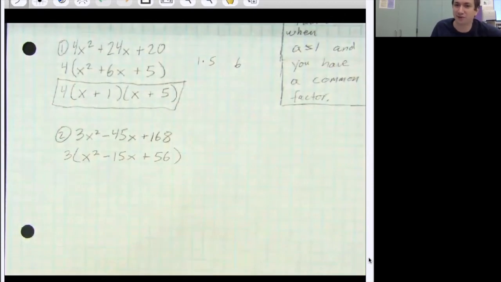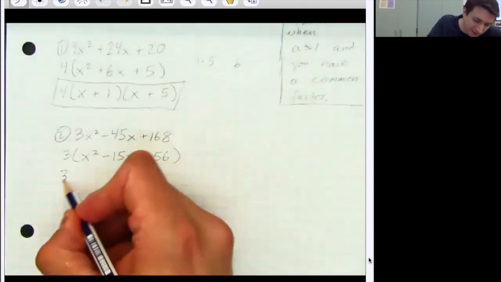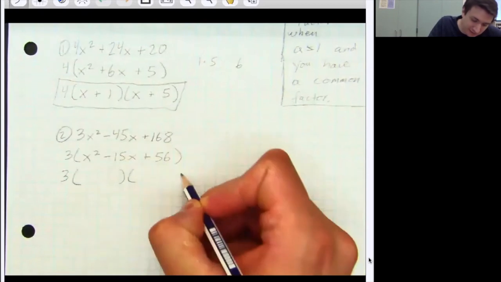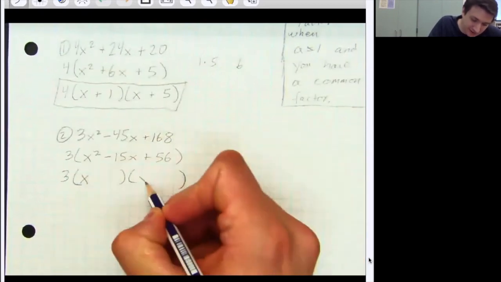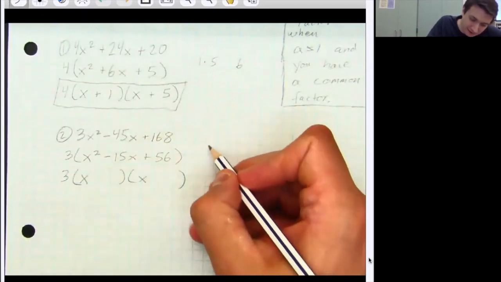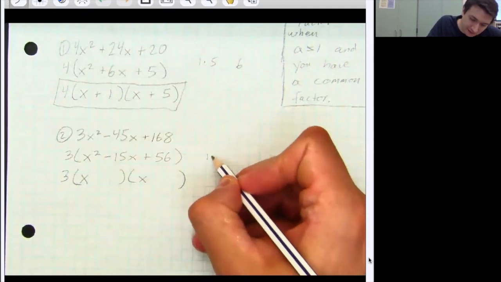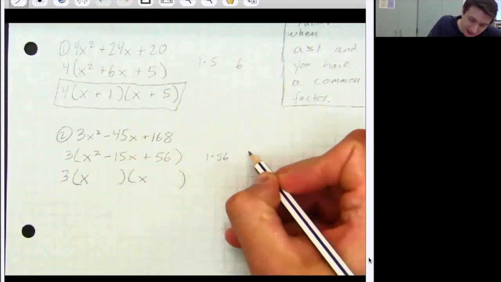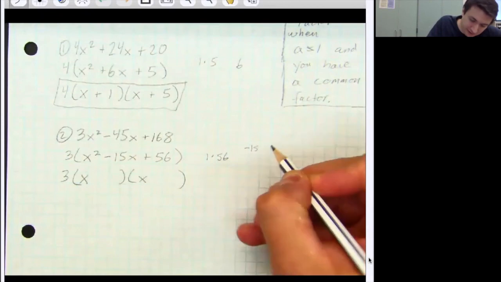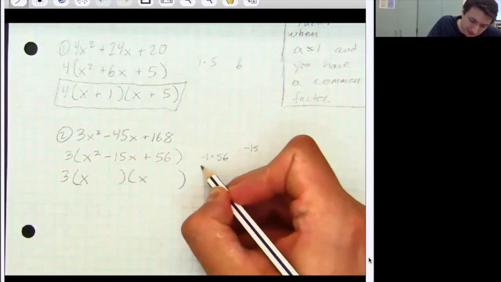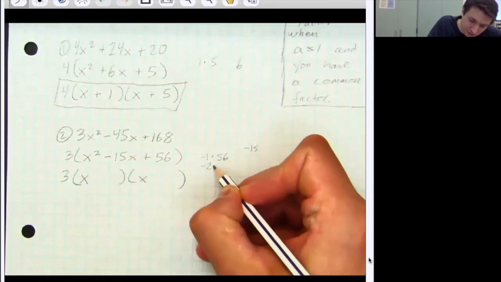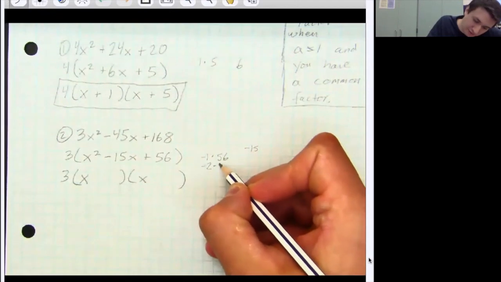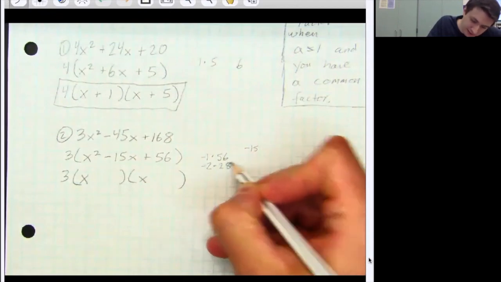And now I just have to go through my normal factoring. So I know I'm going to have the 3 out there, and I'm going to create something in here. I know they're going to be x's. And now I'm thinking of the factors of 56. It'd be like 1 and 56, but they need to add to make negative 15. So let's see, that doesn't work. What if it was like negative 2? What would that be? 28.